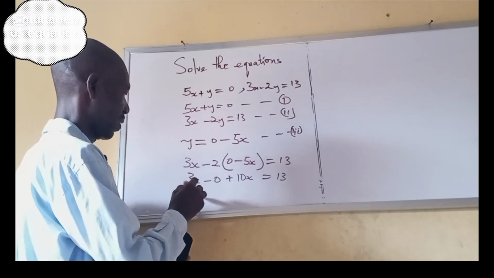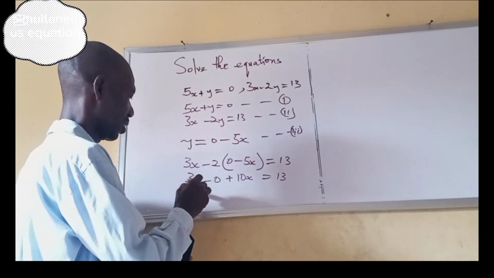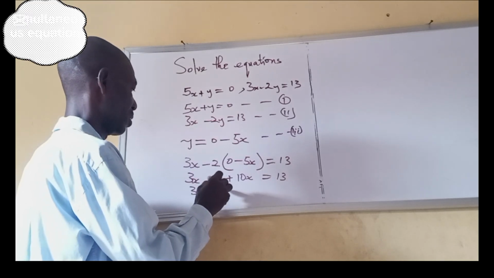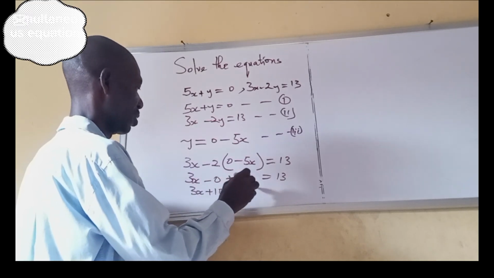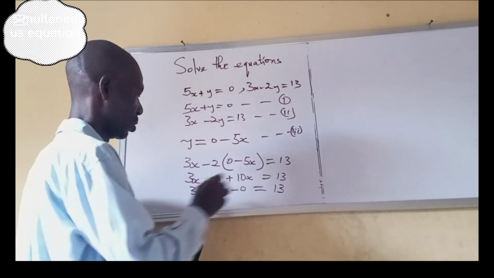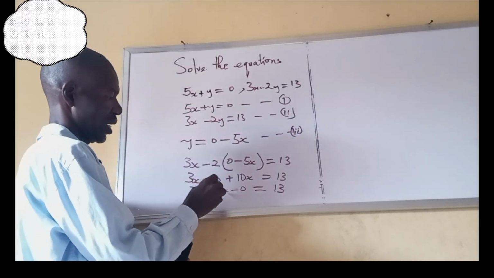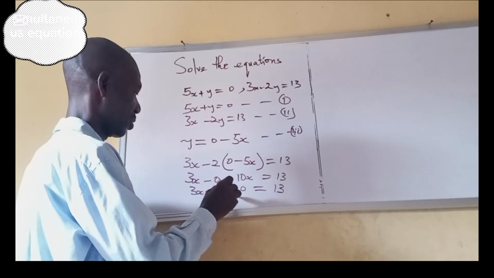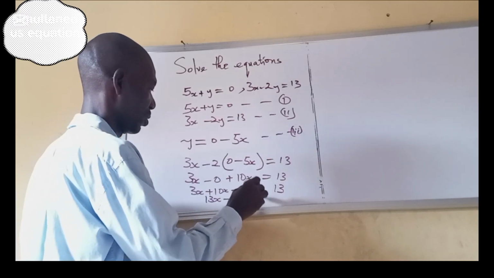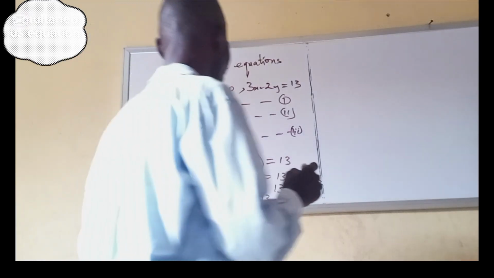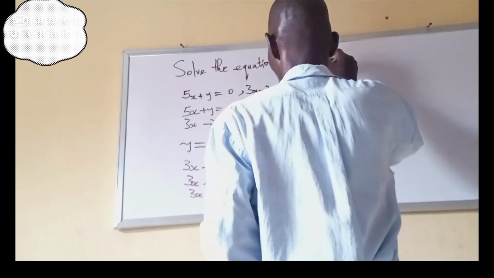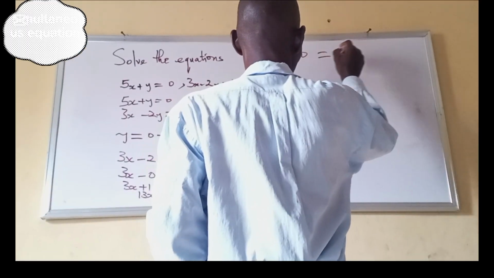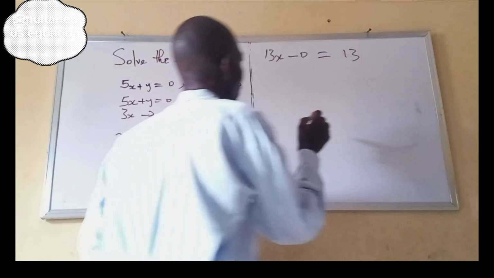So you have 3x plus 10x minus 0 is equal to 13. So you have 3x plus 10x, that is 13x, minus 0 is equal to 13.